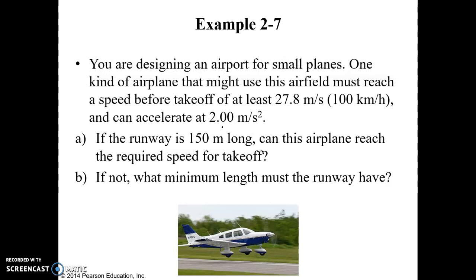And it is capable of accelerating at a rate of 2.00 meters per second squared. If our runway is 150 meters long, will the airplane, assuming it starts from rest, be able to reach its required takeoff speed, accelerating at 2 meters per second squared down a 150 meter long runway? And if not, what is the minimum length that we need?